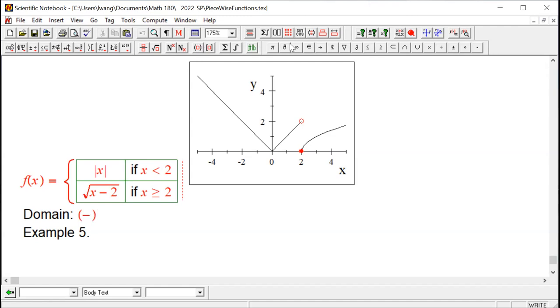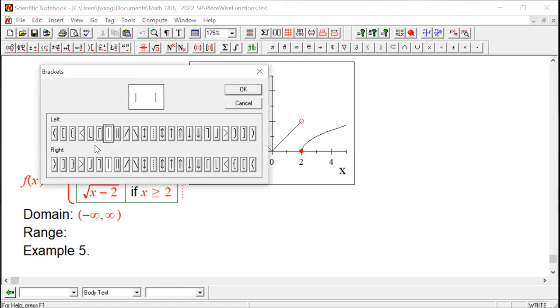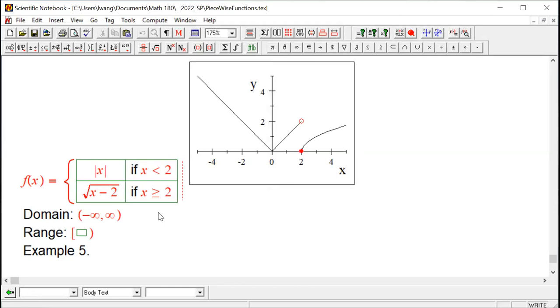So negative infinity to positive infinity, no problem. So what is the range? The range you can see is from 0 to positive infinity. Okay, domain and range covered.